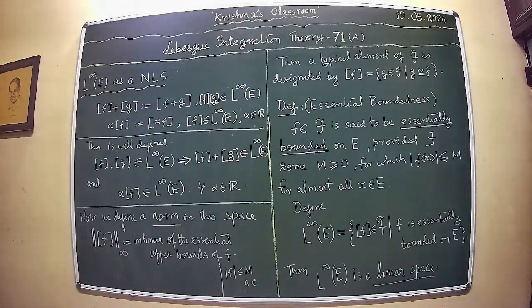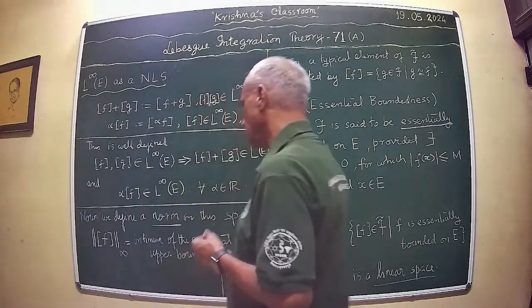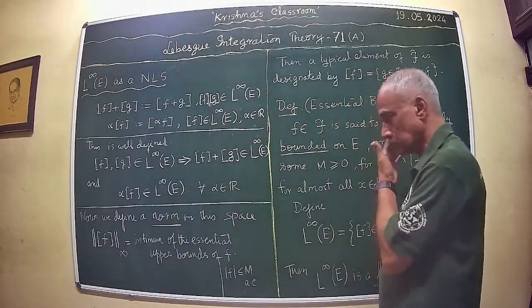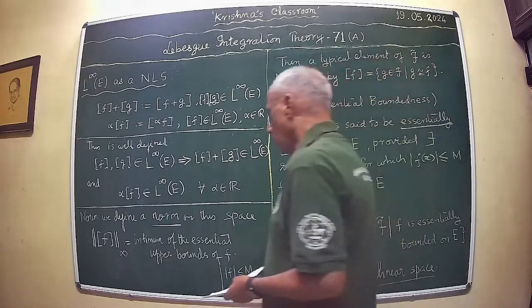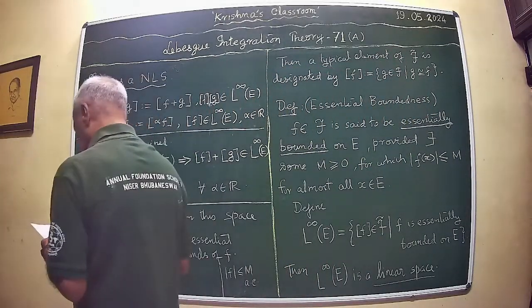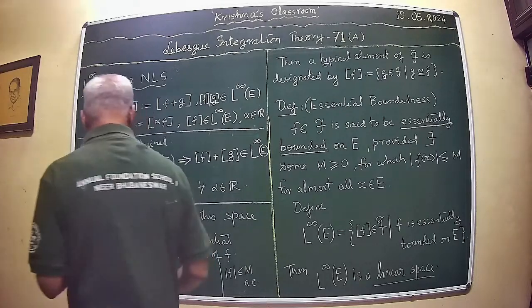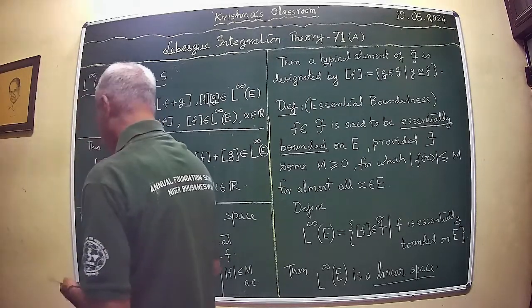Therefore, the infimum exists. Therefore, this is well defined. You can show that it is well defined. Use some other g for it, it's the same. And we shall prove this.